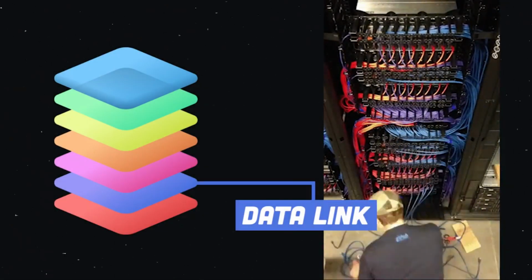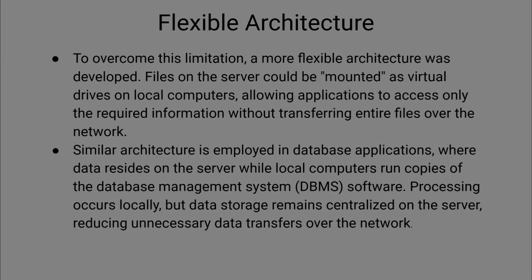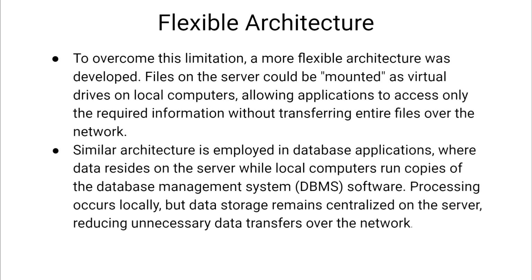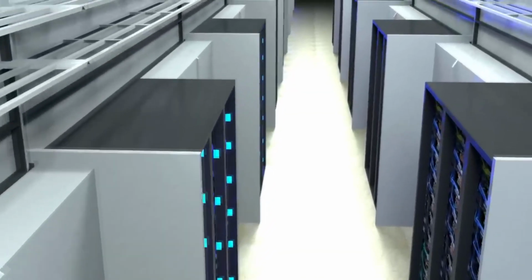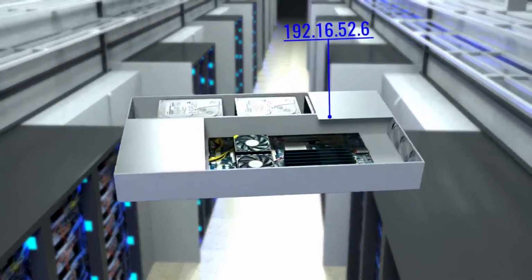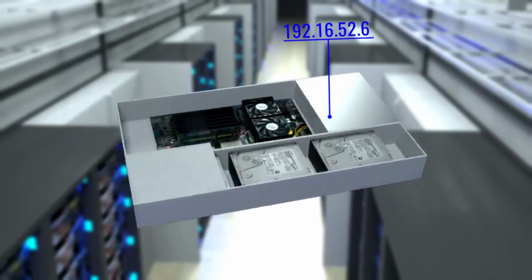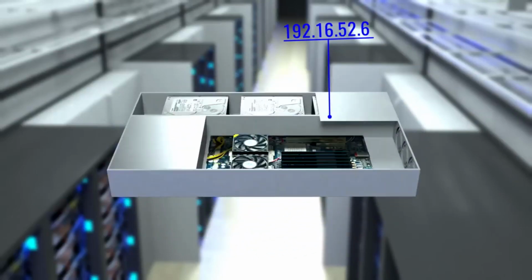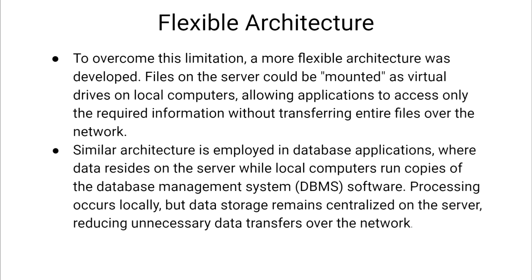Files on the server could be mounted as virtual drives on local computers, allowing applications to access only the required information without transferring entire files over the network. A similar architecture is employed in database applications, where data resides on the server while local computers run copies of the database management system software.